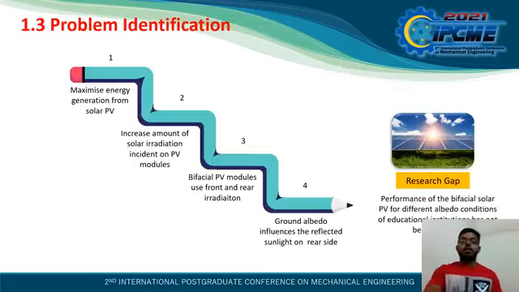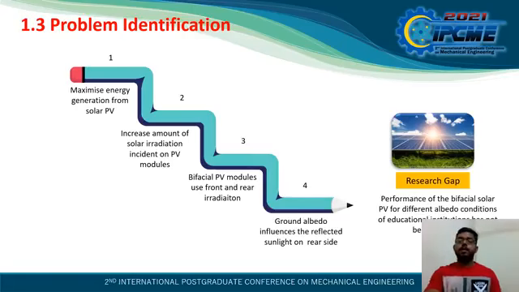So coming to the problem identification, there is always a need to maximize the solar PV energy generation, because solar PV system requires a lot of land. By increasing the efficiency, this land requirement can be reduced. One way of reducing it is to use bifacial solar PV modules, because they can use energy from the back side as well as the front side.